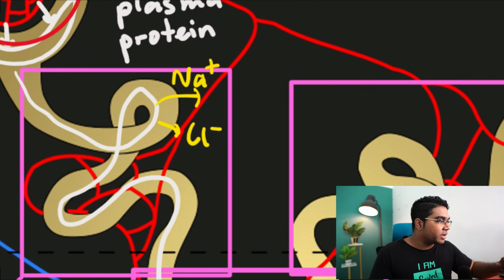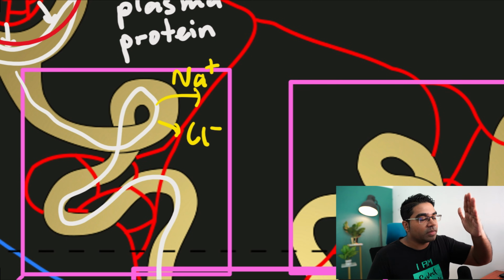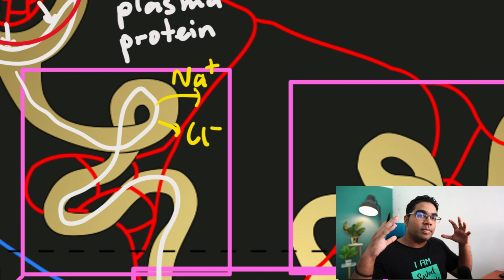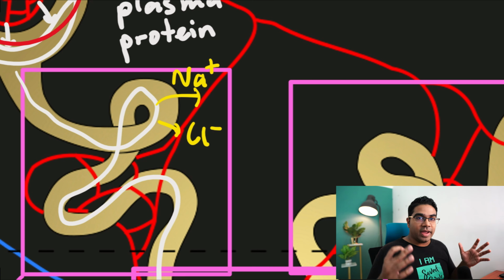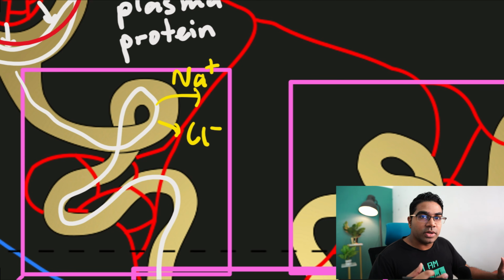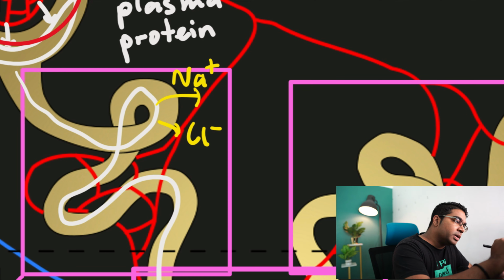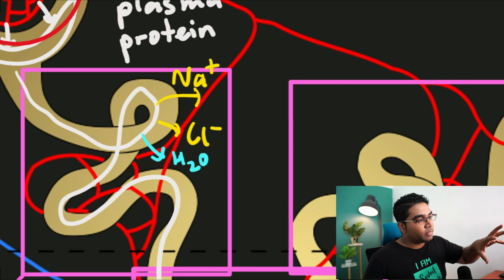This process is going to reduce the water potential in the blood capillary, because now the blood capillary has a higher solute concentration. And therefore, what is going to naturally happen is water is going to flow down its concentration gradient. And therefore, water is going to follow by osmosis. These are the three things that are being reabsorbed mainly in the proximal convoluted tubule.